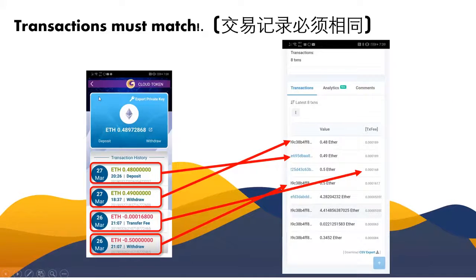The second thing you need to check is that the transactions must match. This clearly shows that we are reading from the chain itself. On the 27th of March, I have this 0.48 deposit, and you have it here and 49 here, and we have a gas fee and a withdrawal.